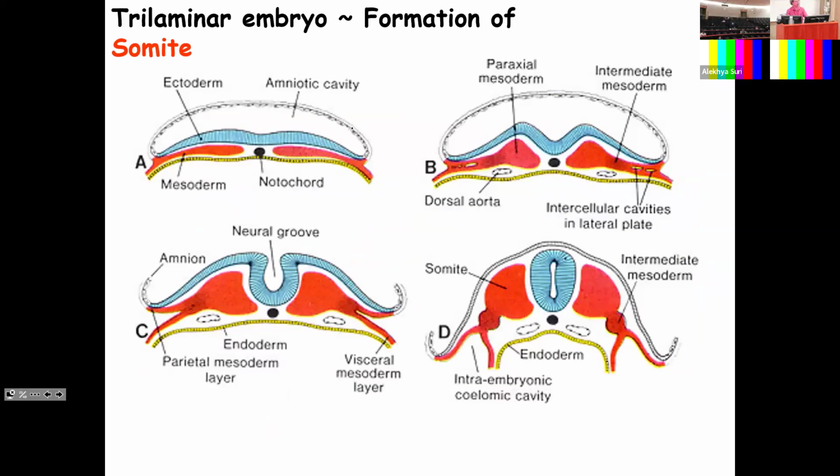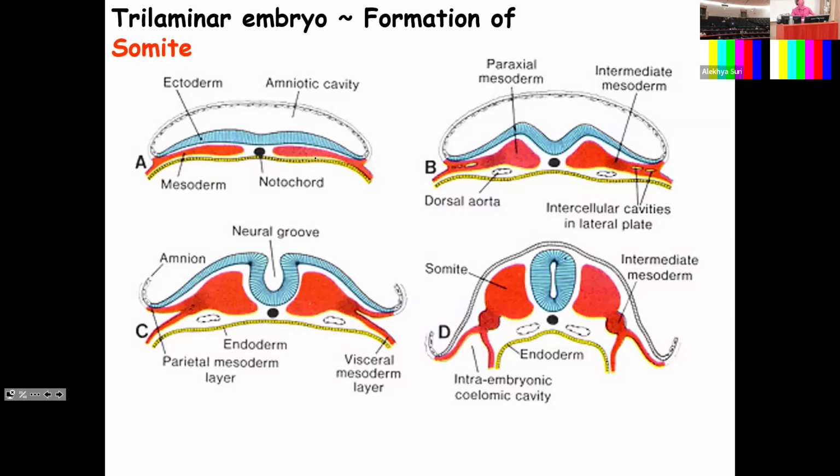So now after gastrulation, we have a trilaminar embryo. You remember that from two germ layers, we end up with three germ layers: ectoderm, mesoderm, and endoderm. And the mesoderm starts developing into something else, not just mesodermal cells.